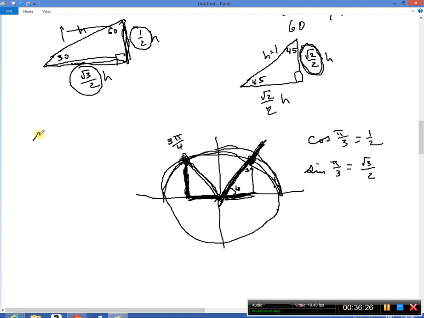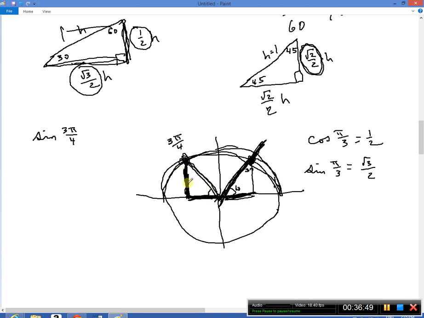So if you want to know what is the sine of 3 pi over 4, you just have to think 3/4 of the way to pi, which is equally dividing this half of a circle into 4 pieces, each of which is 45 degrees wide. So this has to be a 45-degree angle.